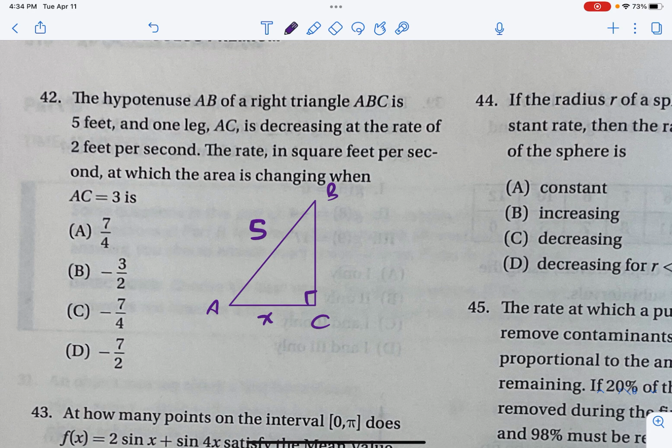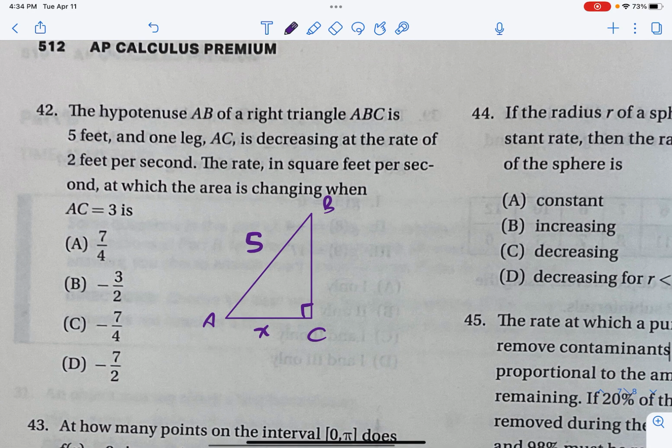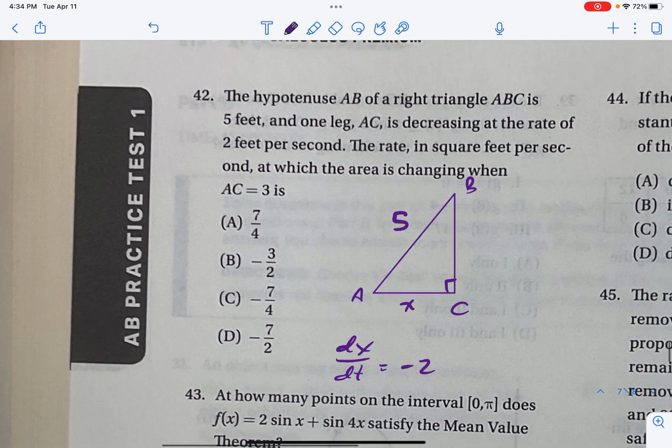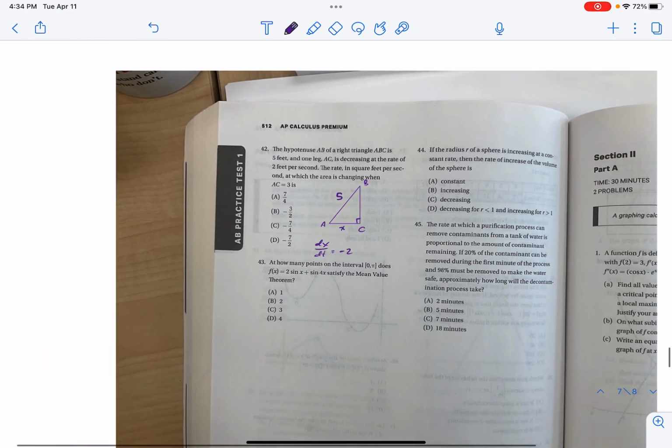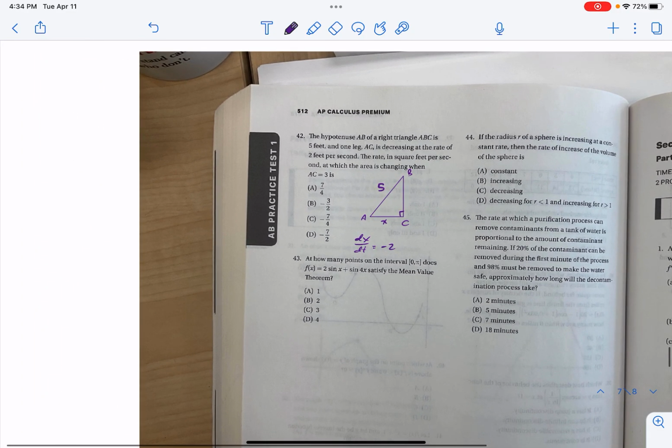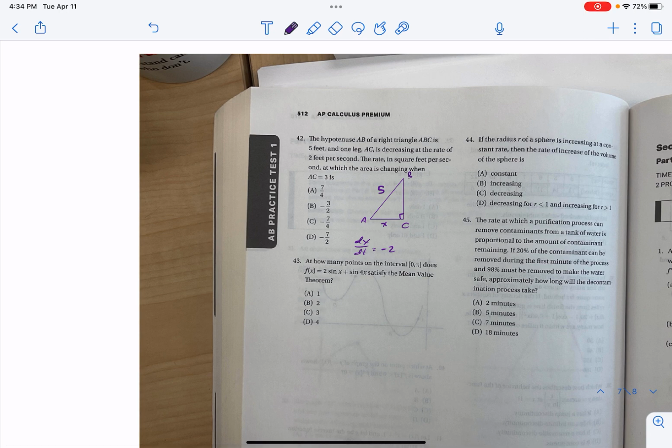So we want to know the rate in square feet per second that the area is changing when AC equals 3. So we know dx/dt equals negative 2. This is, in my opinion, too much for you to do in a 3-minute multiple choice problem, but all of the components should make sense.